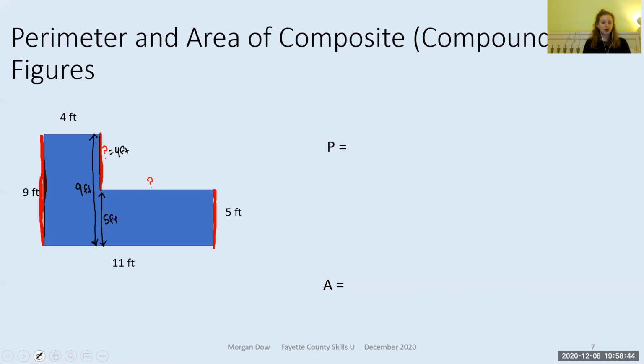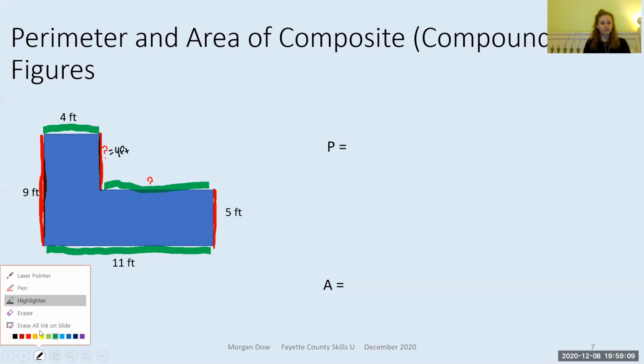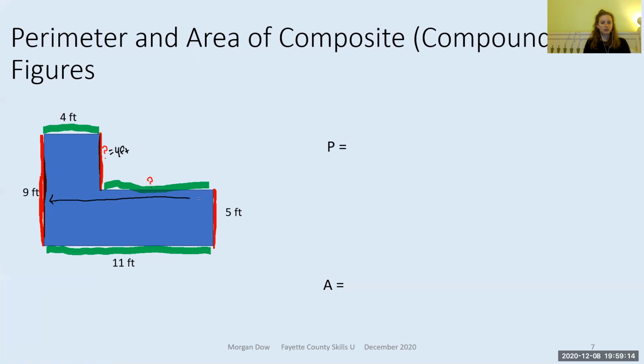And then we can repeat the same process with the horizontal sides. We've got this mystery horizontal side right here, so I'm going to look to the other horizontal measurements to help me out. I know that this shape all the way across is 11 feet. And then I know that this piece right here is 4 feet.